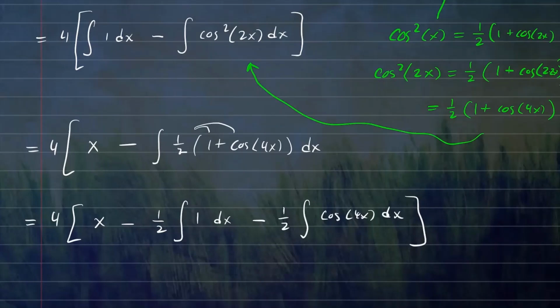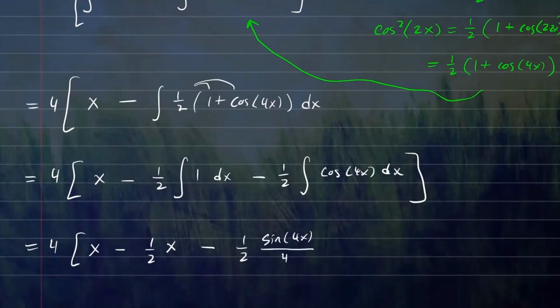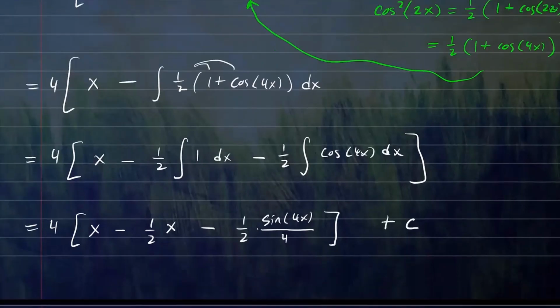Now this will give us the following. We have 4 times x minus the integral of 1, which will just be x, so this is 1/2 x, minus 1/2 the integral of cosine of 4x, which is sine of 4x over 4. We're finished; now we add plus c. Let's clear this up.